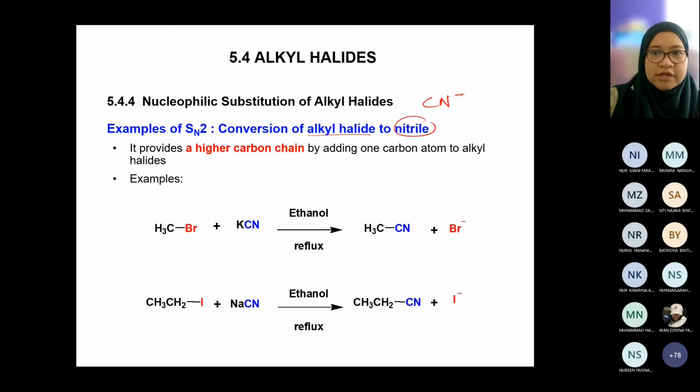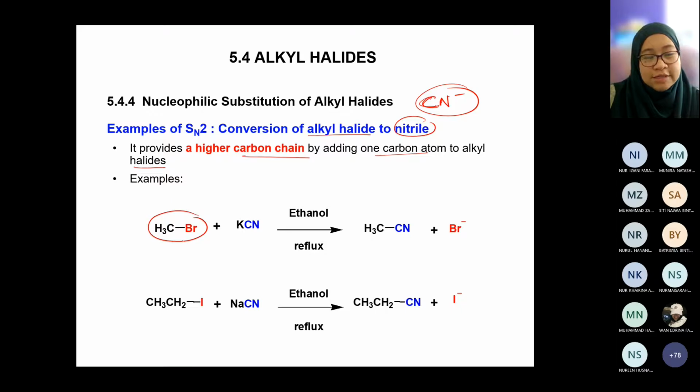When we use CN minus as our nucleophile, it provides a higher carbon chain. Why? Because we supply one more carbon. It provides a higher carbon chain by adding one carbon atom to the alkyl halide.